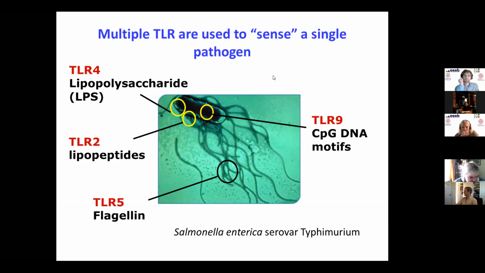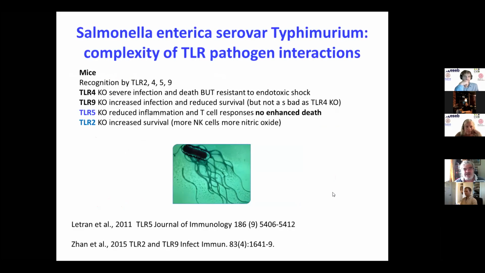So let's think about the pathogen perspective here. If we take a single pathogen, in this case, Salmonella enterica typhimurium, multiple TLRs recognize this pathogen, including TLR2, 4, 5, and 9. And they recognize different PAMPs from Salmonella. So what happens if you take away these different TLRs? And this has been done obviously in mice with knockouts. And what's quite interesting, as I mentioned before, is that if you knock out TLR4, the animals get sick and die.